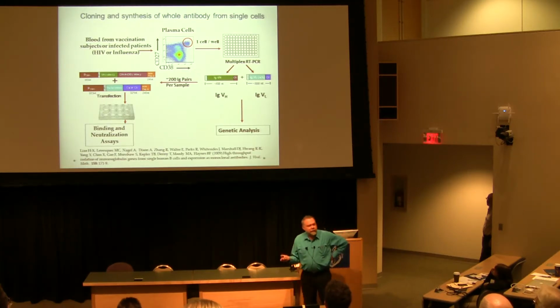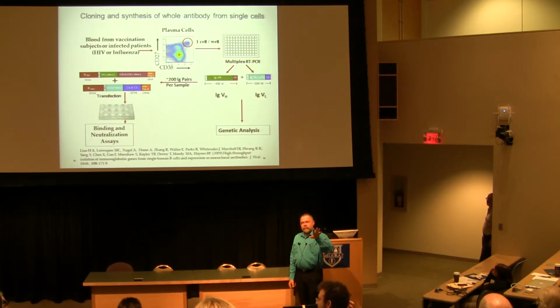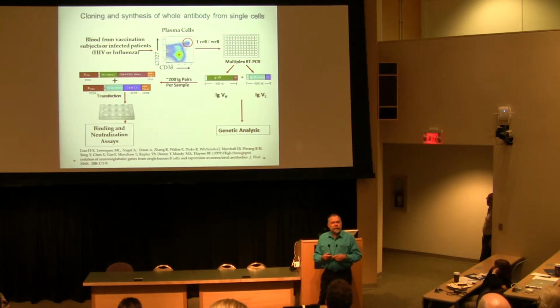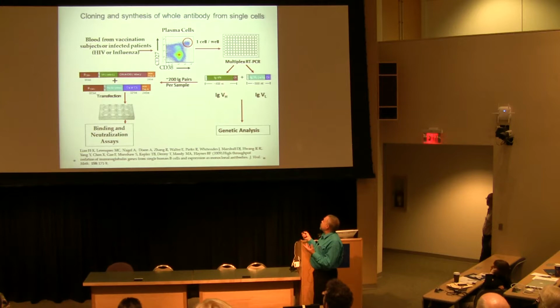They have multiple primers that are capable of amplifying any V heavy or heavy chain, and primers that are capable of amplifying any light chain. And in so doing, they are able to isolate the heavy chain, light chain pairs.